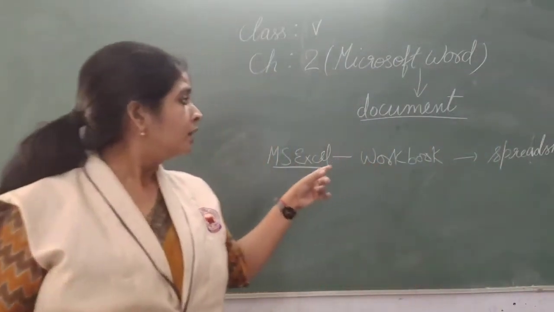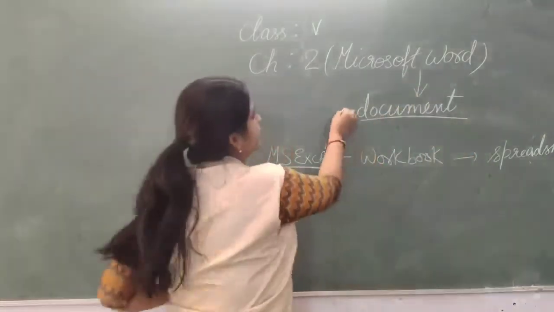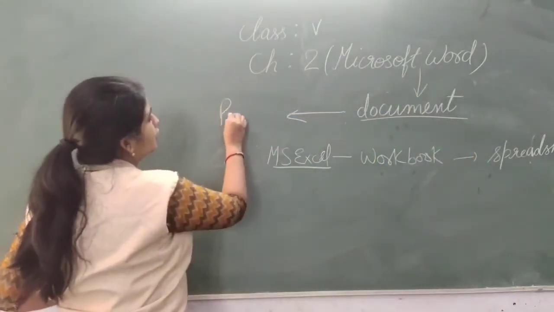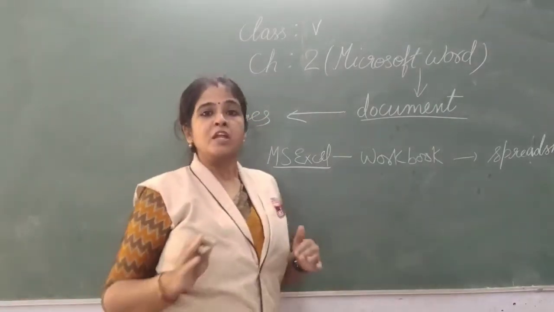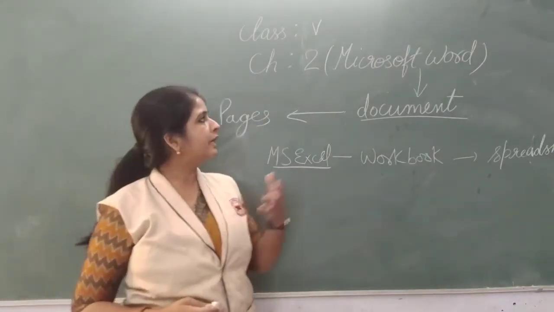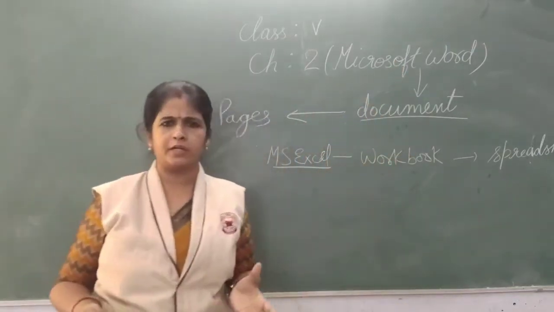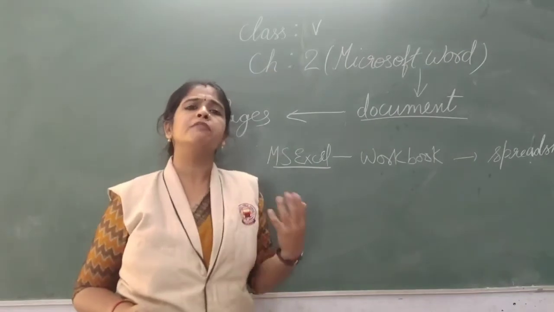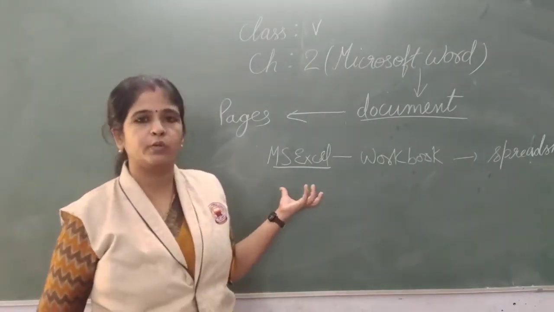The pages of workbook are spreadsheets and the pages of documents are known as pages. I think it's clear. Now the main difference is that in Microsoft Word you cannot do so much calculative work. You cannot perform mathematical calculations, but in MS Excel you can.